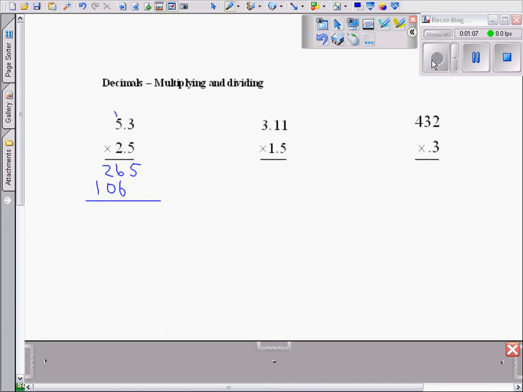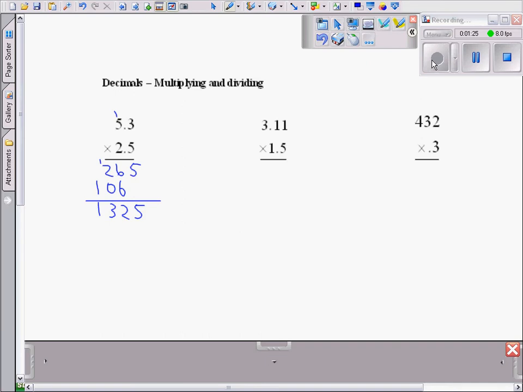Adding vertically, bring down the 5. 6 plus 6 is 12. Carry the 1. 2 plus 1 is 3. Bring down the 1. We have 1,325, but that's not the correct answer.